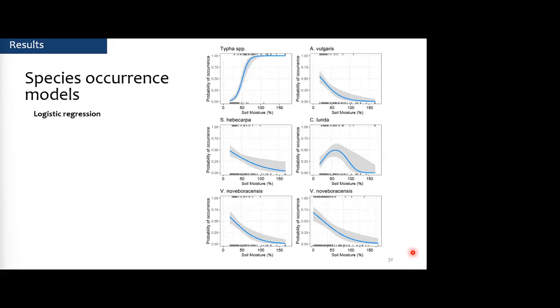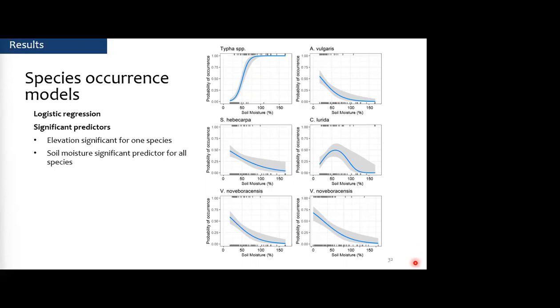So I took these 5 species and I used logistic regression to estimate the probability of occurrence for each species according to the soil moisture level in each quadrat. Elevation was only significant for New York ironweed, but not a significant predictor for the occurrence of any of the other species, though soil moisture was a significant predictor for all the species.